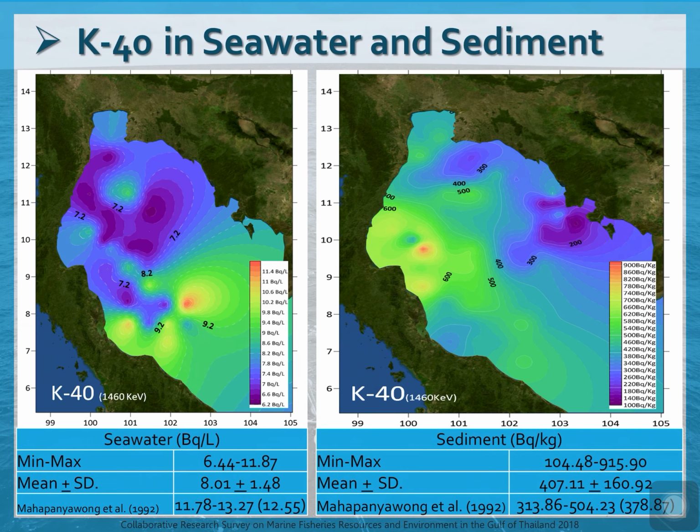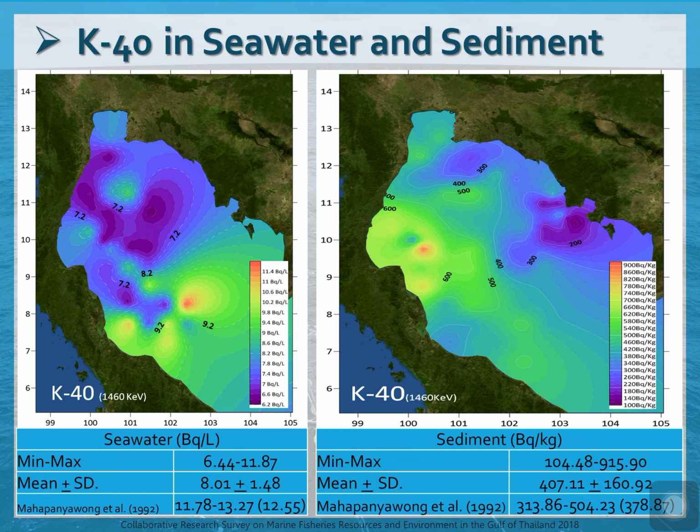For the potassium-40 in seawater and sediments, an average of 8.01 becquerel per liter was detected, and a mean of 407.11 becquerel per kilogram was reported.